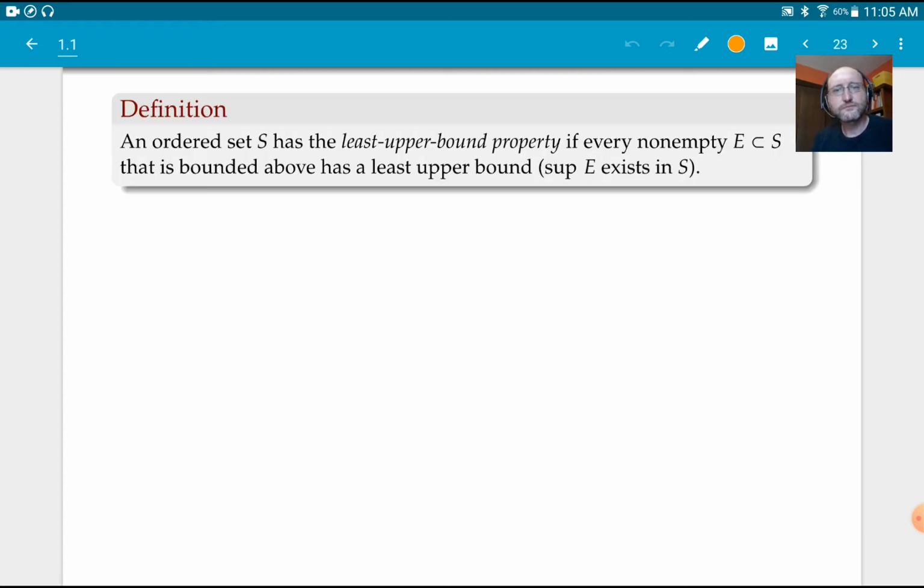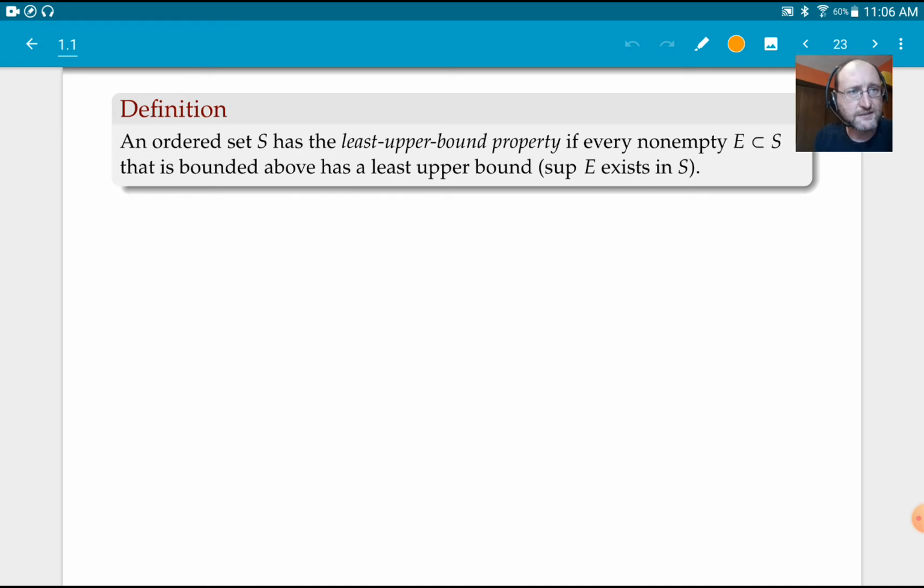All right. Now, we'll say that an ordered set has the least upper bound property if every non-empty set E that is bounded above, so where at least one upper bound exists, actually has a supremum. So there exists a supremum.